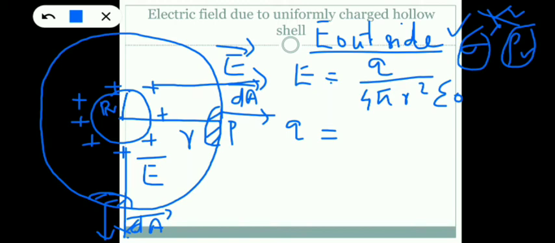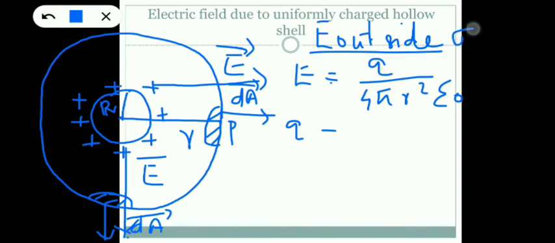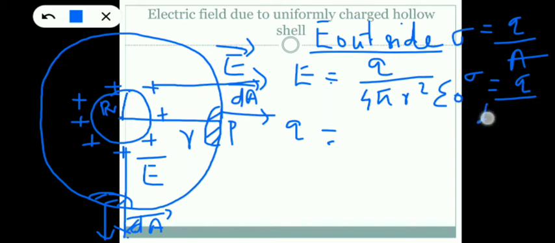And what is surface charge density sigma? Surface charge density sigma is charge per unit area. Again there is a confusion about the area. What is the expression for area? Area is 4 pi r square, right? Which r, is it small r or capital R?